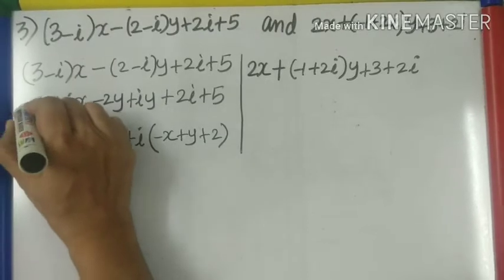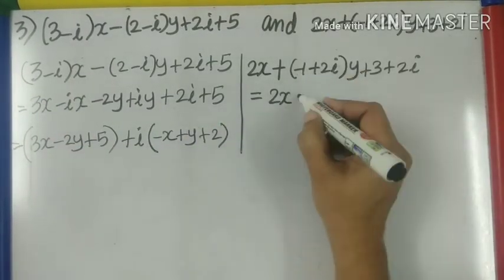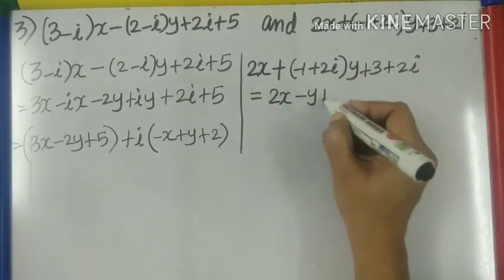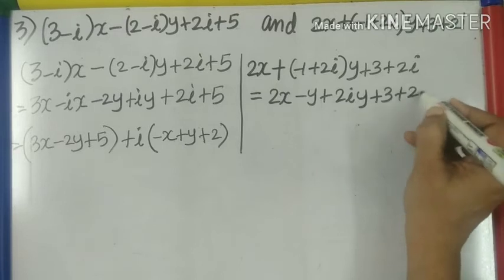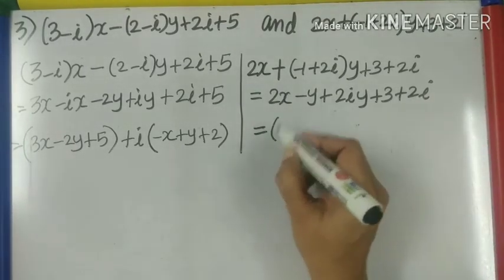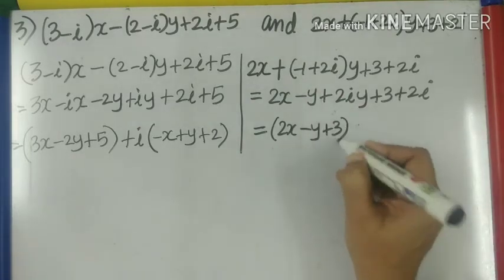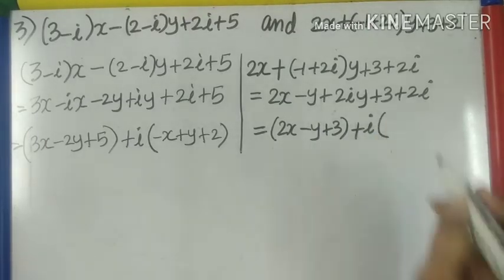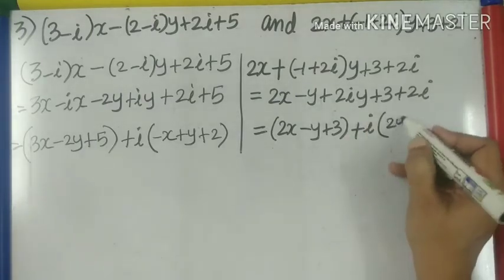Simplifying this, 2x minus 1 into y, minus y, plus 2i into y, plus 3 plus 2i. Collecting all that is without i: 2x minus y plus 3. Plus all that is with i: 2iy, I have taken i out. So this is 2y plus 2.